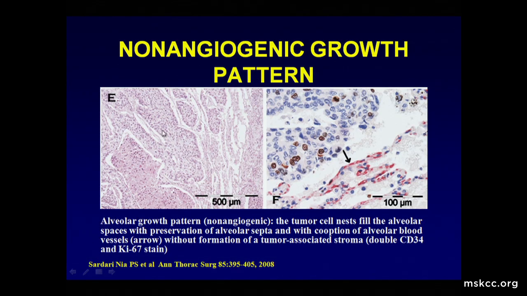And here's a study which looks like the edge of a tumor, and I think that's pretty good STAS there going into the adjacent lung parenchyma. So here, this is a CD34 stain showing this feature of vessel co-option, and I'm going to come back to that in a minute.